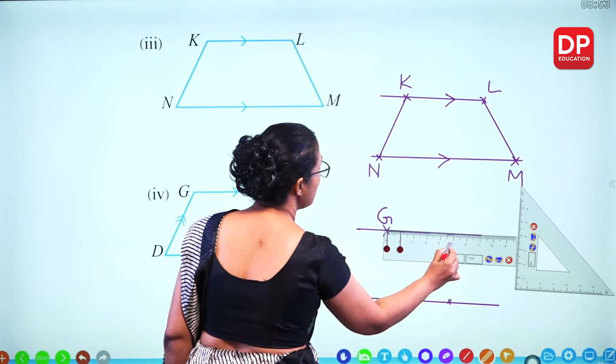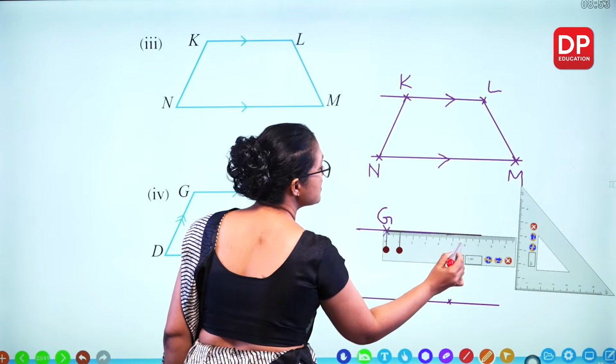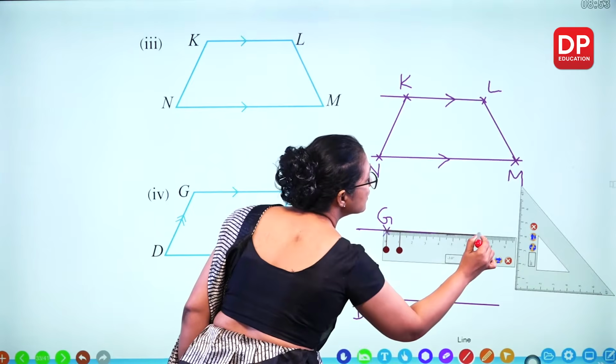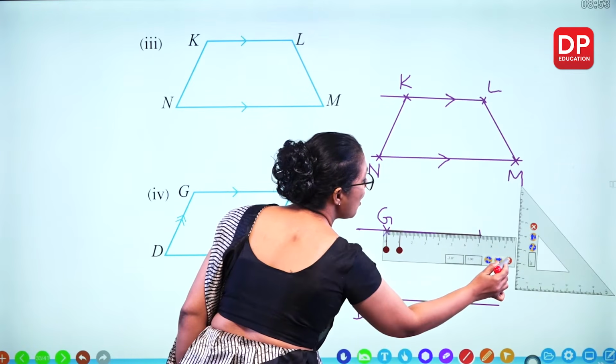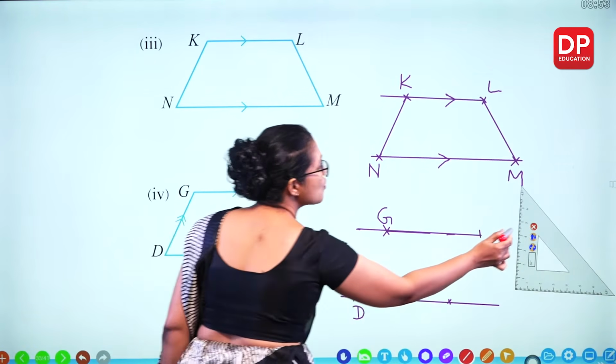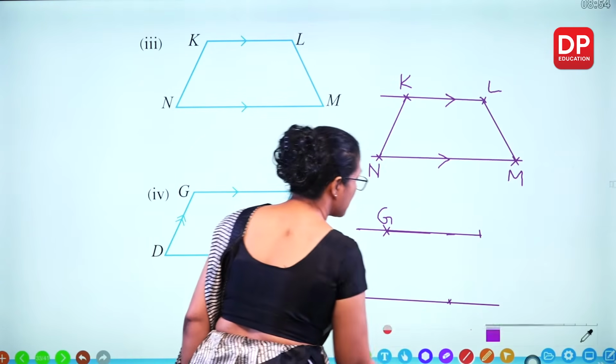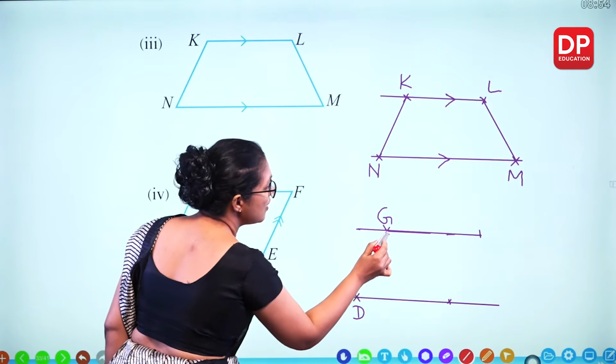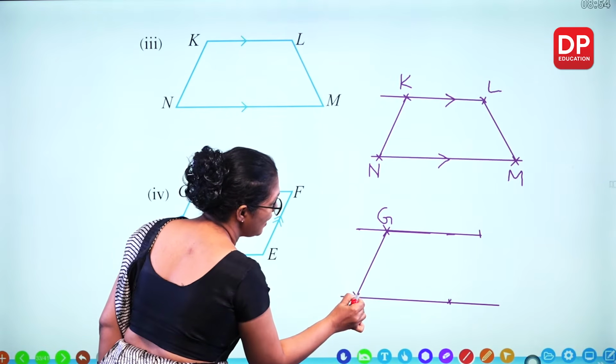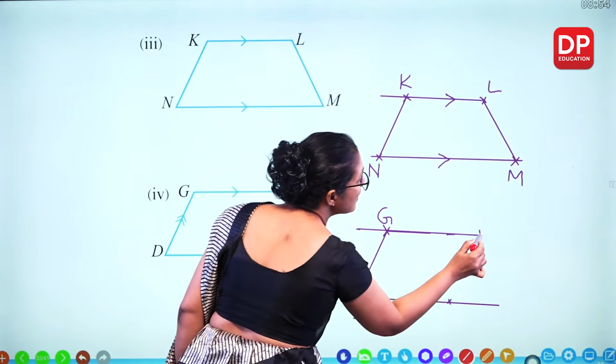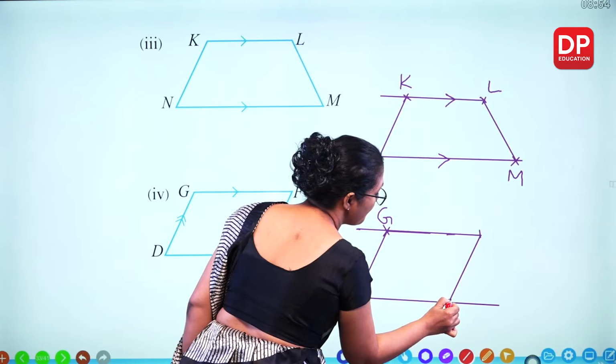Now from here you need to get 7 centimeters here. Now we have all lengths, so we can connect all the lengths with the ruler. So here to here and here to here.